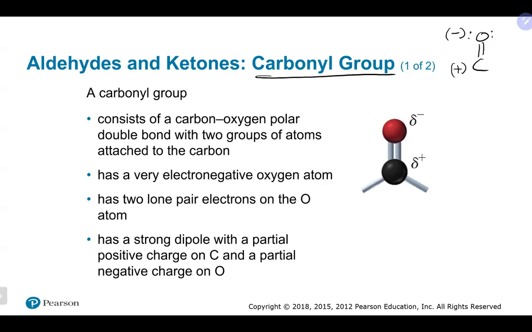It cannot hydrogen bond with itself, but it can hydrogen bond with something like water, because it has that negative on top. This gives ketones and aldehydes some properties, with the carbon-oxygen bond being slightly polar.